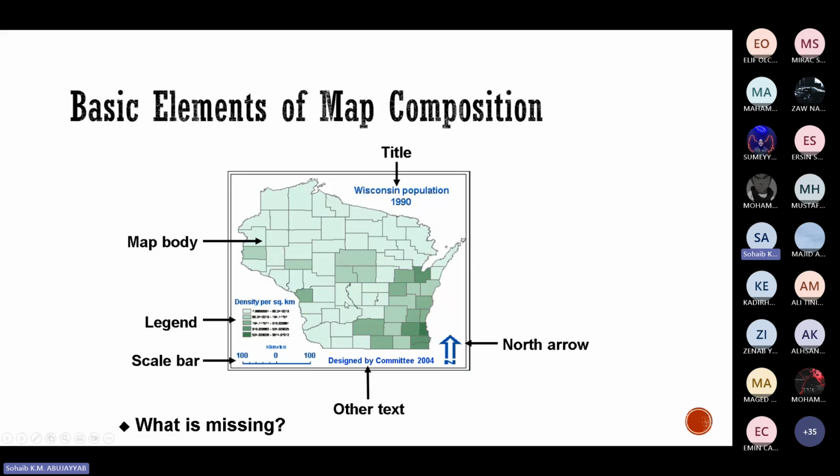For example, this is a thematic map showing the density per square kilometer. So you should highlight the density of the population, not the distribution of the roads. See here, there is no road, there are no other details. Focus on your target. Focus and present your target.